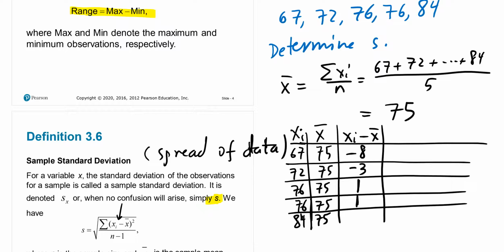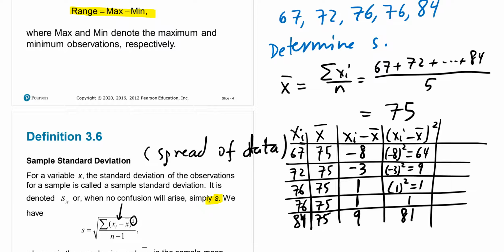And 84 minus 75, which is 9. Then they said square it, so xi minus x bar squared. Negative 8 squared is 64. You square the negative as well. Negative 3 squared is 9. 1 squared is 1, again 1, and 81.